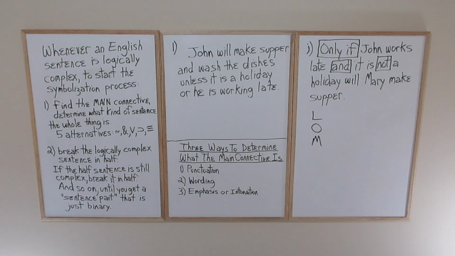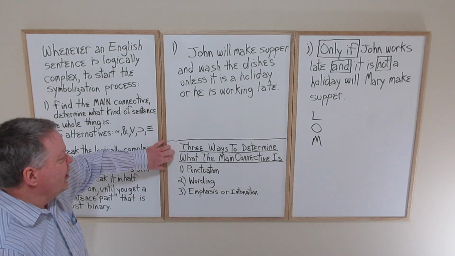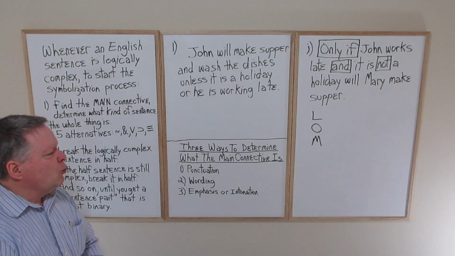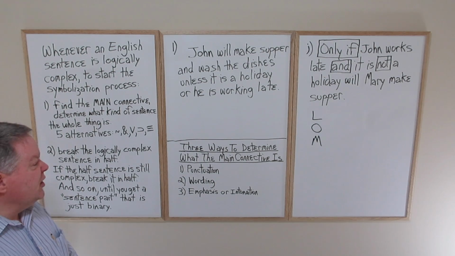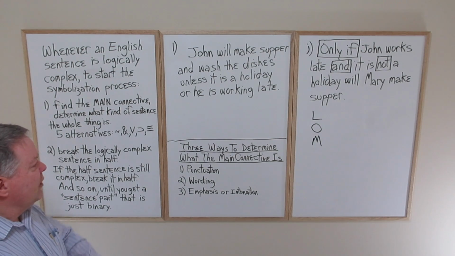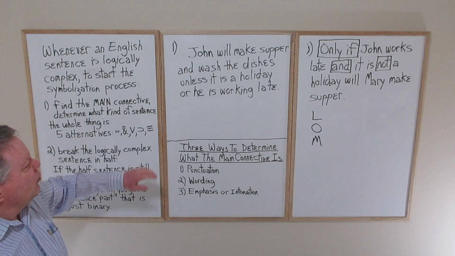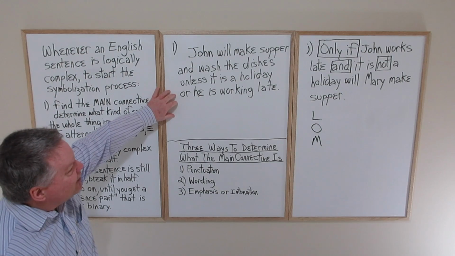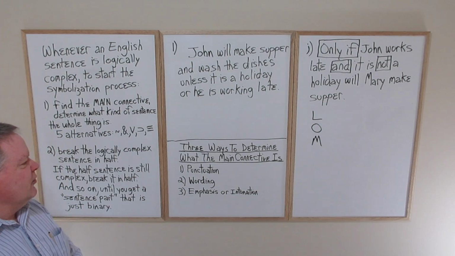When we are engaging in this process of correctly symbolizing complex sentences, there are 3 different ways to determine what the main connective in an English sentence is. The first one is punctuation. We don't see this in these 2 moderately complex examples.